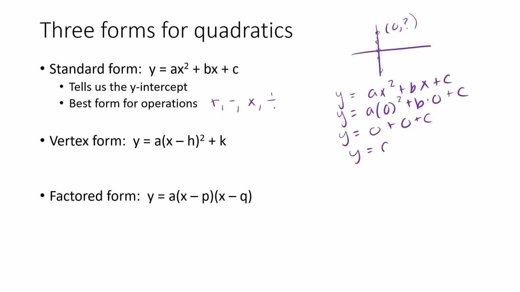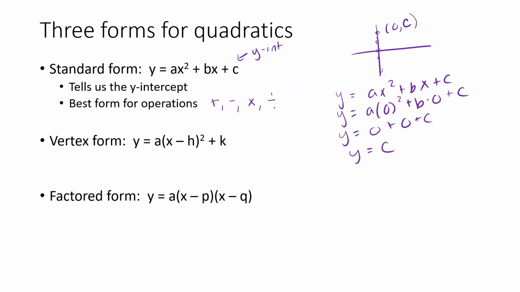And you can see very quickly that your y-intercept is going to be your c value. So wherever your x is 0, your y value is going to be the c. And so your c is the y-intercept. So if you want to know the y-intercept of your quadratic, standard form is going to show that to you because it's going to be your c value.